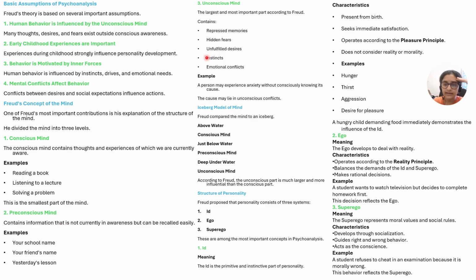Unconscious mind is those thoughts, feelings, and emotions which are buried deep within us. Okay, they are not seen outside, but at the same time they form the major part of our mind. Example, repressed memories, hidden fears, unfulfilled desires, instincts, and emotional conflicts or trauma. Example, you had a childhood trauma, a very bad experience in your childhood.